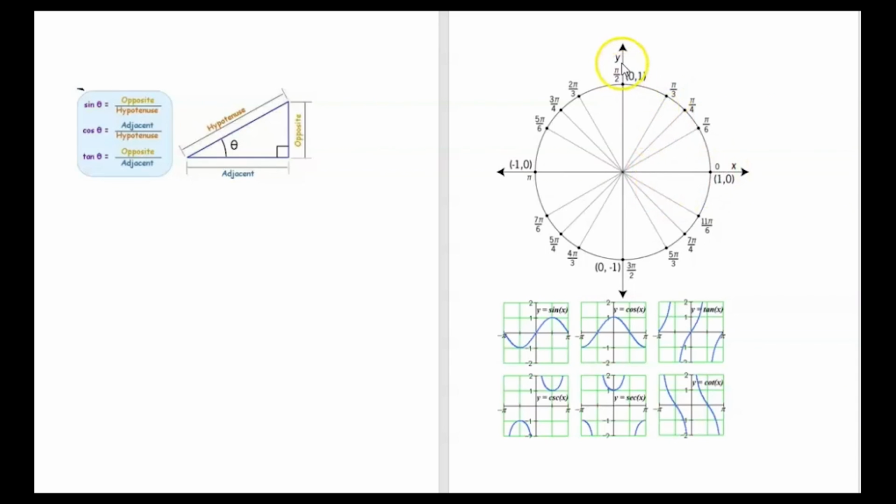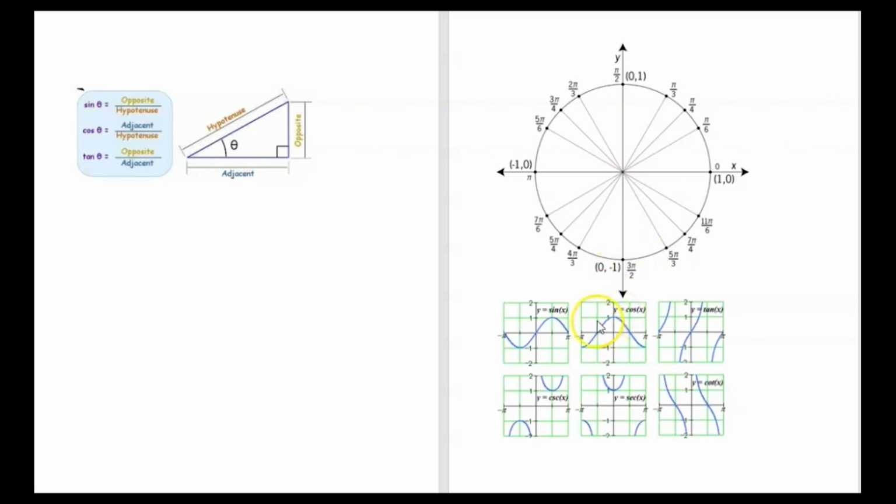Now if we want to do pi over 2, there is a y value of 1 over the radius 1, which is going to give us a value of 1. And as you go over to this side, it's going to be 0 because the y value here compared to the origin is 0. And as you go down here, this is going to be negative 1 because it is negative 1 units down over the 1 unit radius.